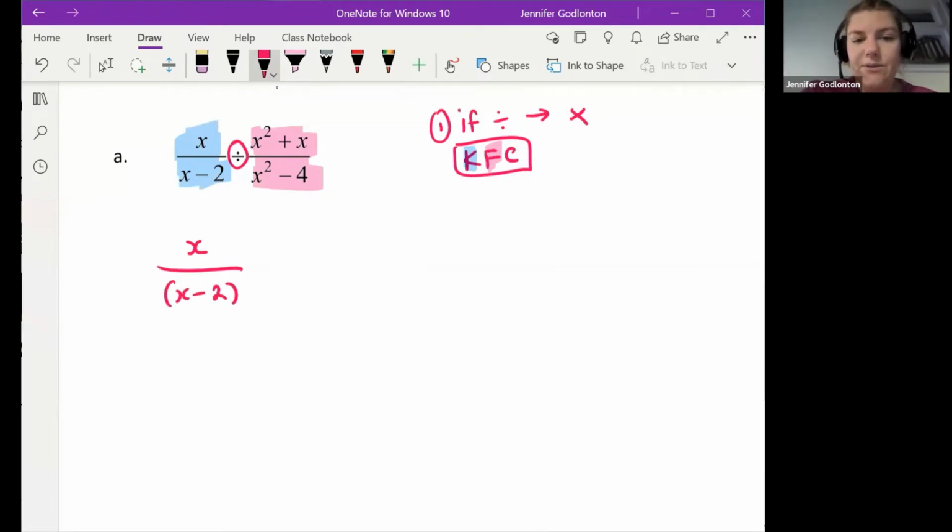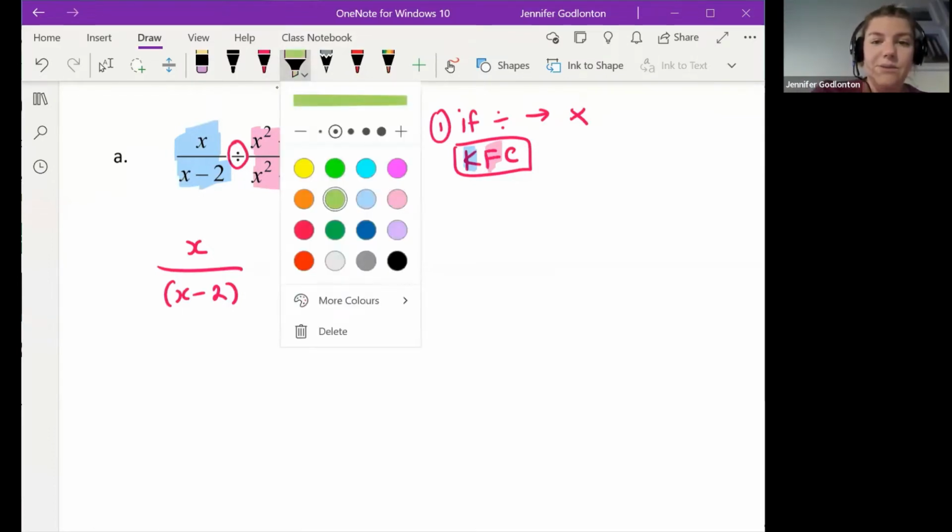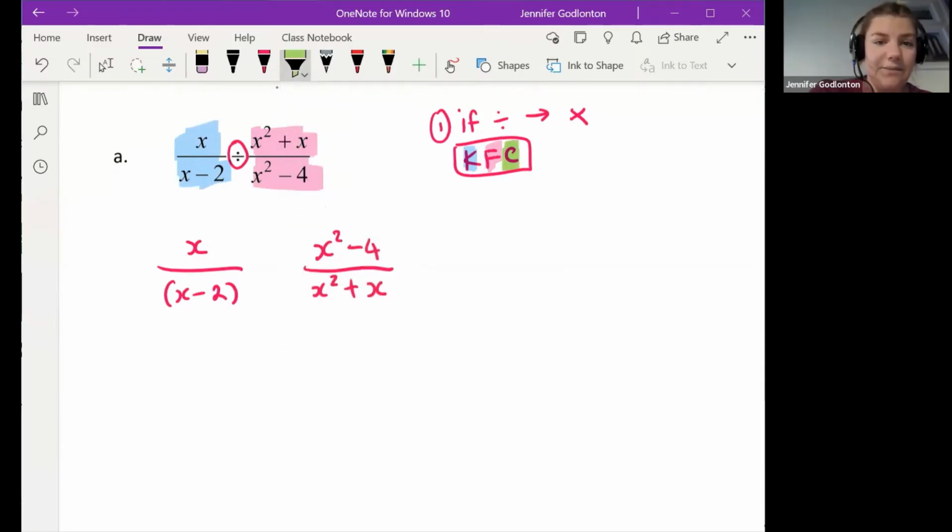What was at the bottom is now at the top, and what was at the top is now at the bottom. That was my flip. And our last step is we change the sign from a divide to a times. That's our first goal. If there's a division sign, we want to change it to a multiplication sign.